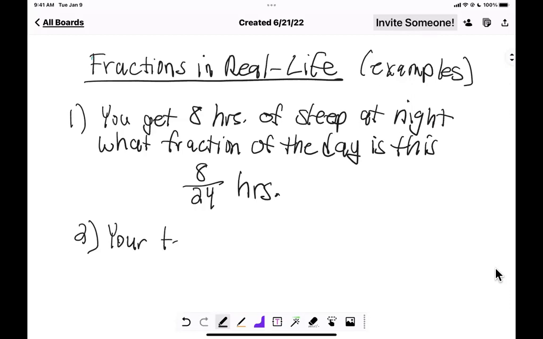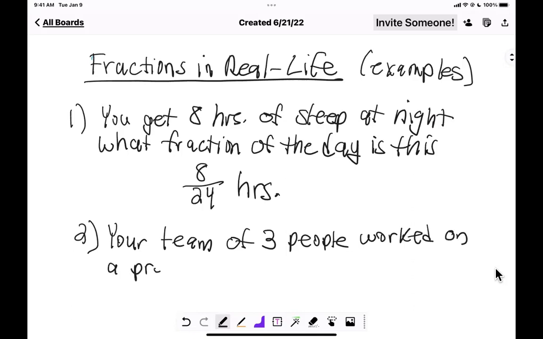Work. Your team of 3 people worked on a project that took 5 hours.